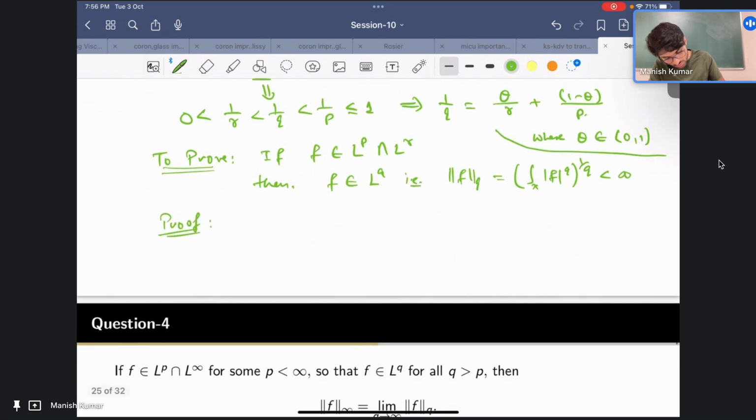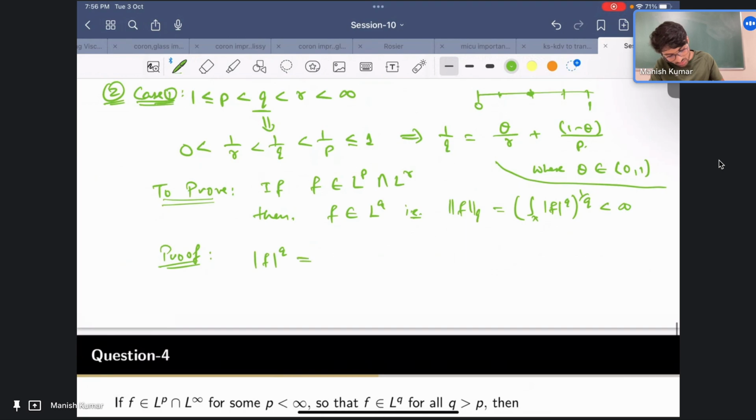So let us try to estimate that. Let us see what this f to the q is.